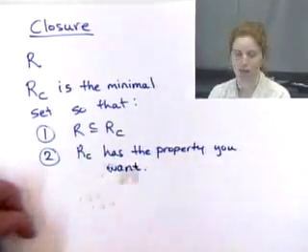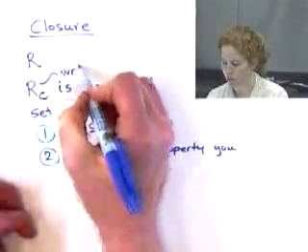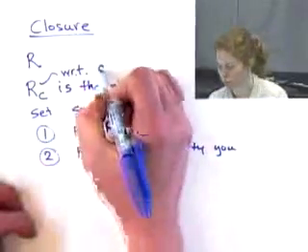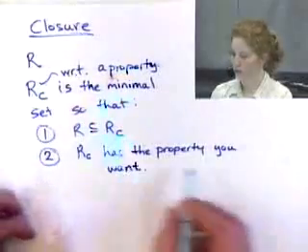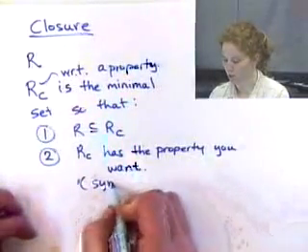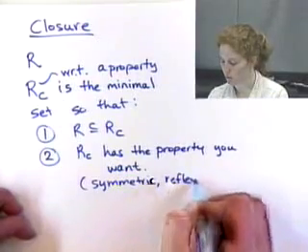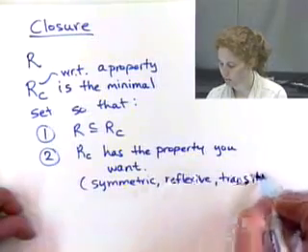So what we're doing is we're making the closure with respect to a certain property. So RC with respect to, that's what WRT stands for, is with respect to a property. And so the only properties that we can do this for are symmetric, reflexive, and transitive. And we just talked about why we can't do it for the other ones.